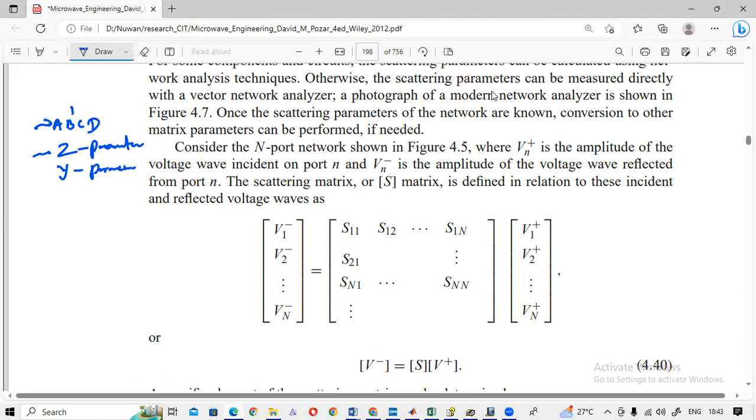So this is transmission parameter, this is impedance parameter, and this is admittance parameter.